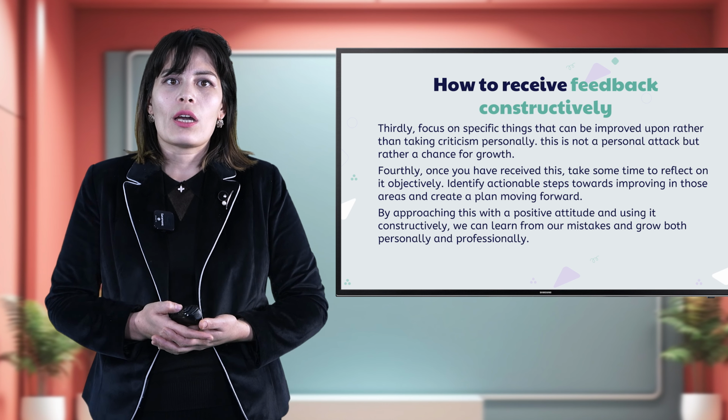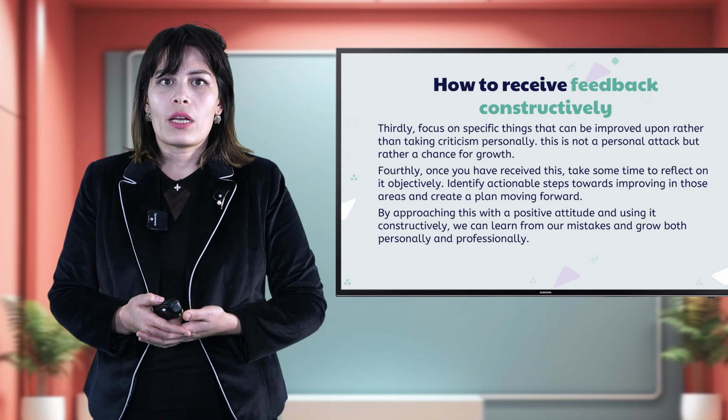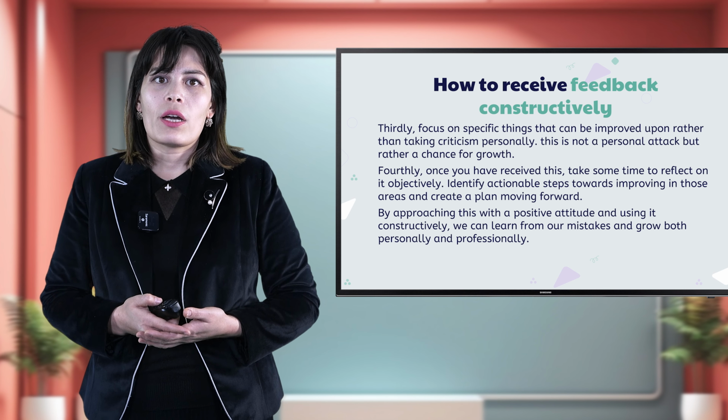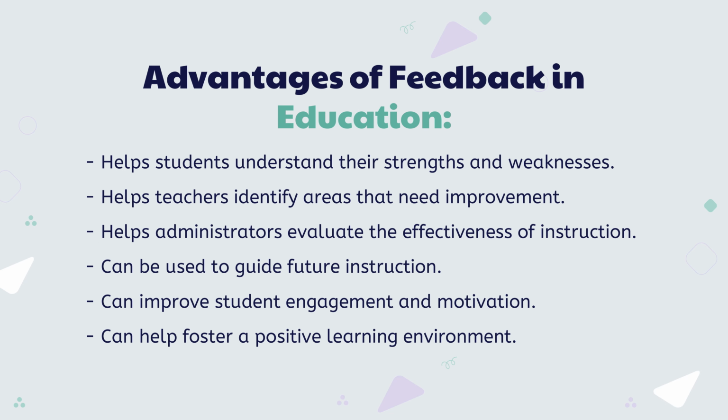Finally, once you have received feedback, take some time to reflect on it objectively, identify actionable steps towards improving in these areas and create a plan moving forward. By approaching feedback with a positive attitude and using it constructively, we can learn from our mistakes and grow both personally and professionally.